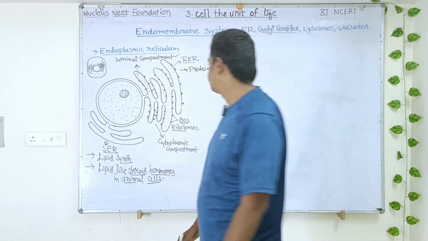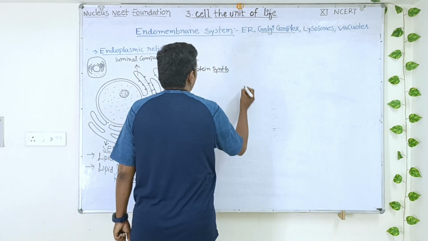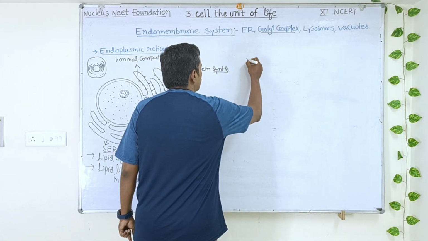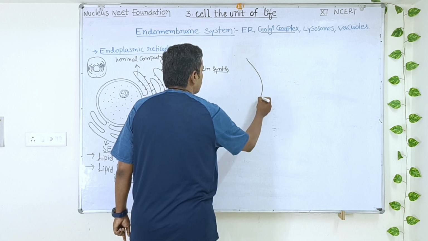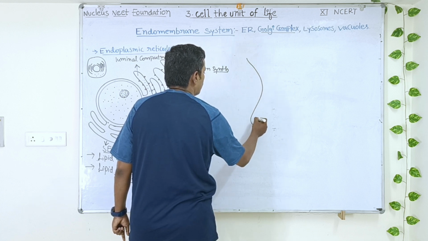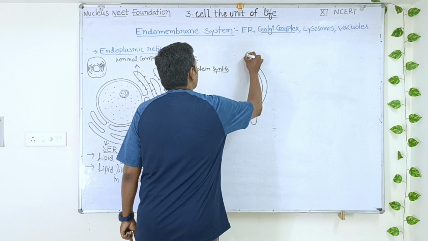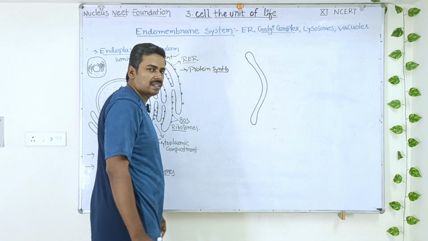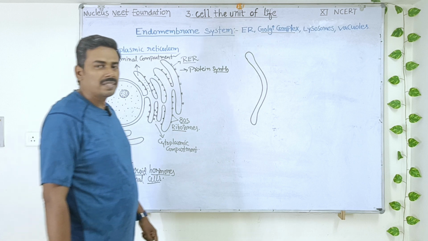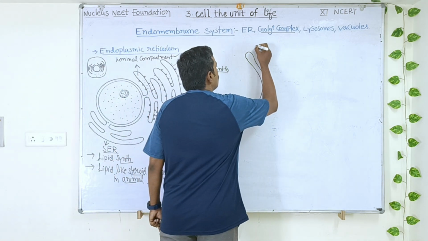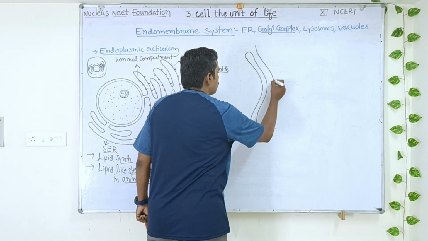Understood, students? Now let us discuss the next cell organelle, Golgi complex. The Golgi complex is closely associated with endoplasmic reticulum. The Golgi complex shows several flat disc-shaped sac-like structures which are arranged parallel to each other.